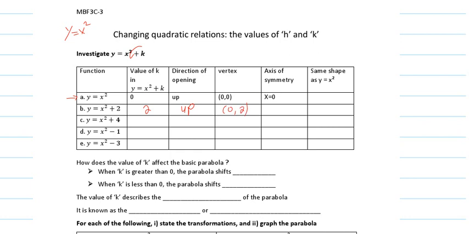It changes the optimal value. It has the same shape as y equals x squared, but it has a vertical translation 2 units up. You'll see me writing vertical translation as VT.